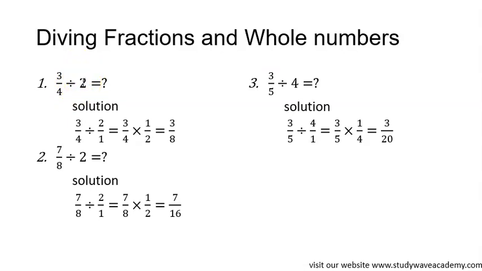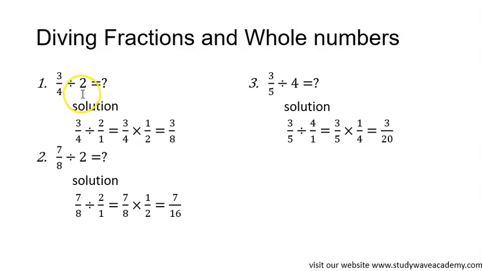To divide a fraction by a whole number, you convert the whole number to a fraction by placing it over 1, okay? And then invert the divisor, which is the second fraction, and multiply. That is what we're going to do, okay?